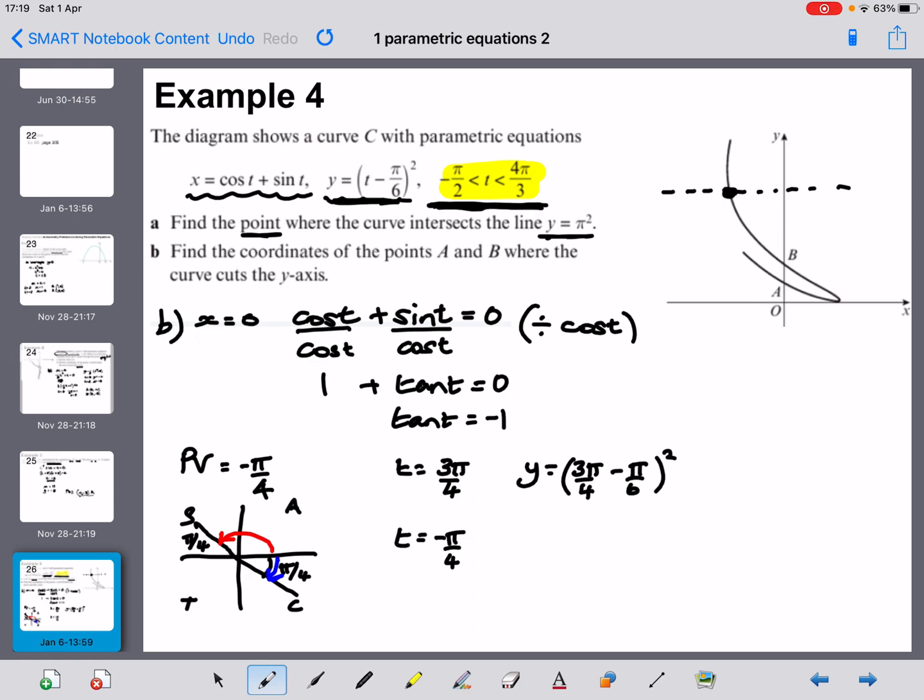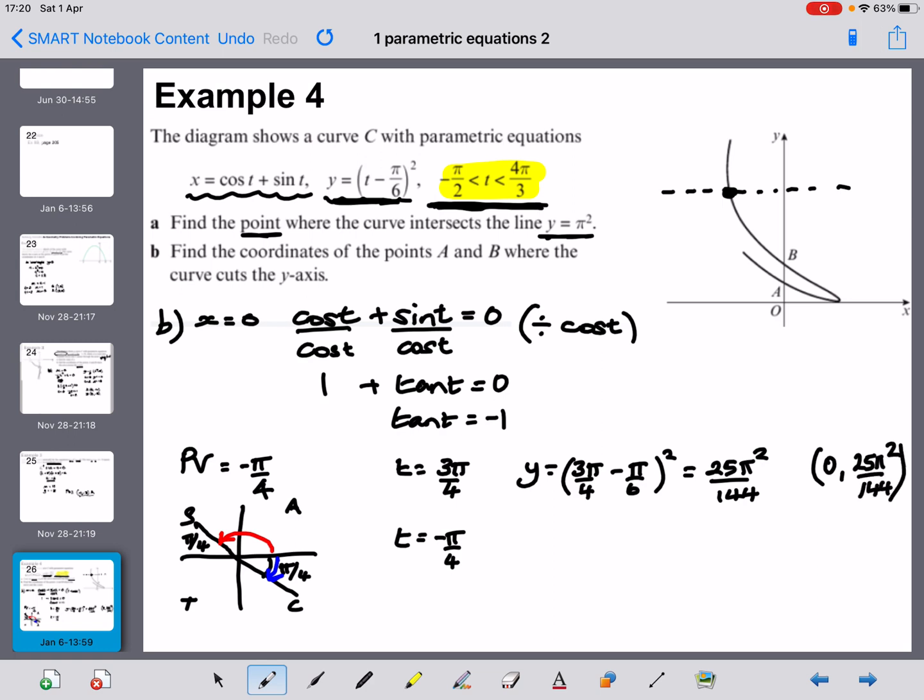If we stick that into my calculator, that's going to give me 25 pi squared over 144. If your calculator can't cope with that and leave your answer in terms of pi, then just do 3/4 minus 1/6, square that, and then put the pi squared next to it. So that's the point 0, 25 pi squared over 144.